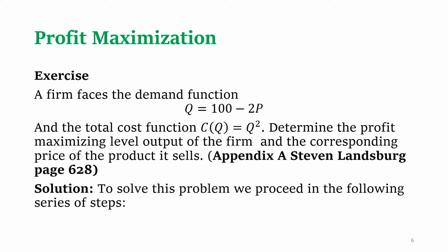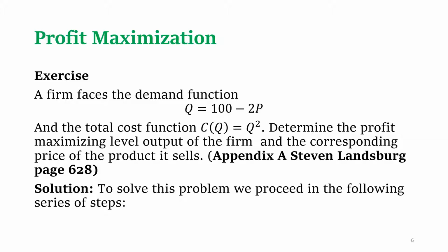Now, here is a catch. If the demand function is given as, let's say, P equals 10 minus Q, right? Then that is already an inverse demand function, so there is no need for you to do any transformation to that equation.